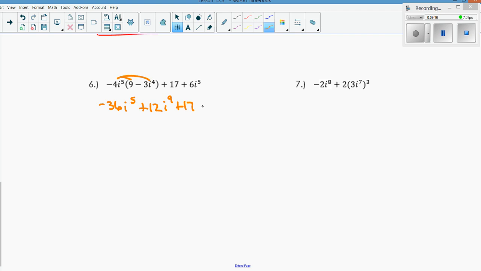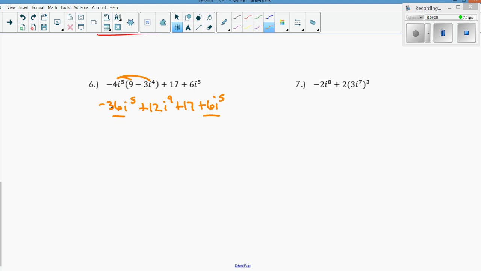Plus 17 plus 6i to the 5th. Now, I want to be careful to do this. I see 4 terms. 1, 2, 3, 4. But notice that this is i to the 5th and i to the 5th. I don't want to go through and simplify i three times if I don't need to. I can see that these are like terms.